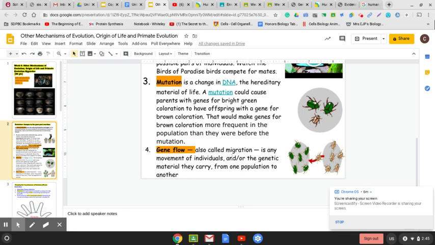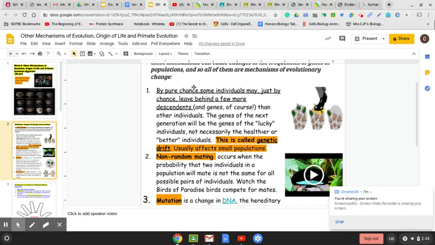For the most part, mating doesn't occur, so these populations start to separate geographically and isolate, and they start becoming different because their gene pools are different. All right, so those are the four. And of course, the fifth one would be natural selection.